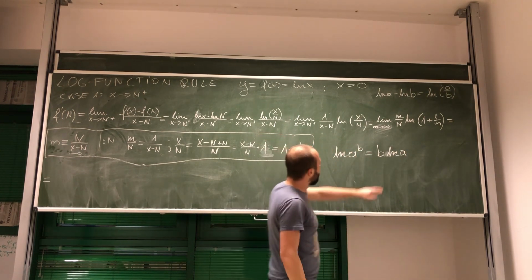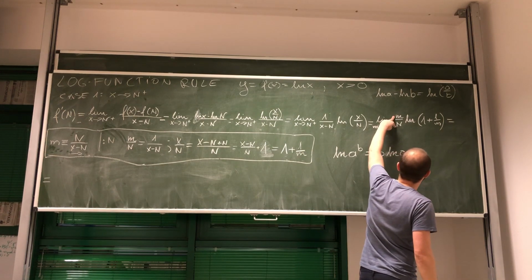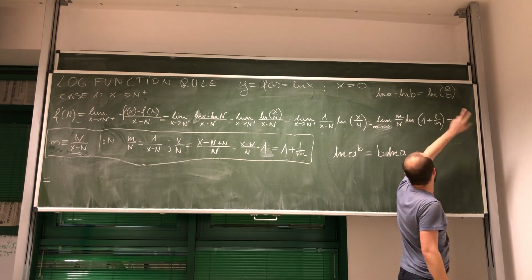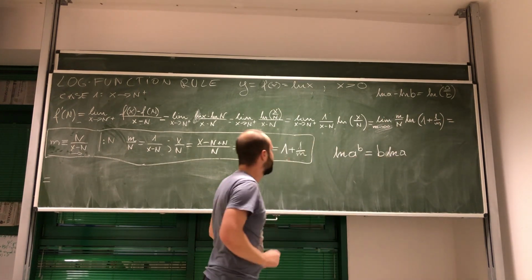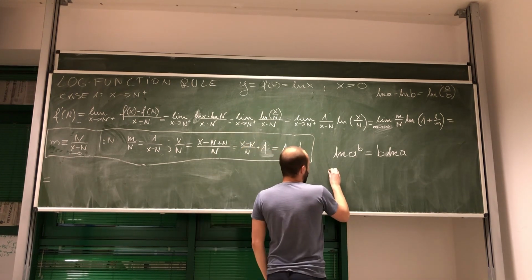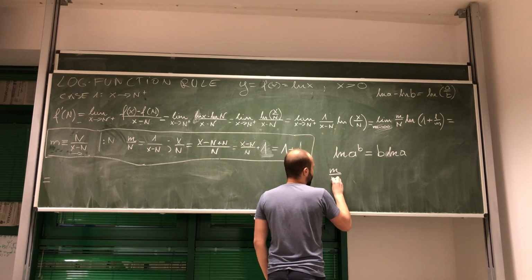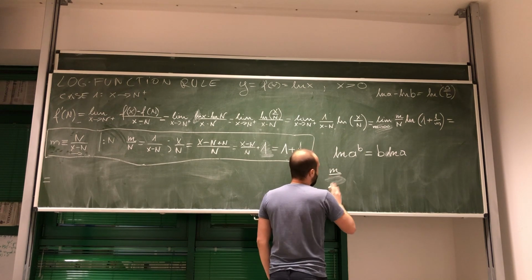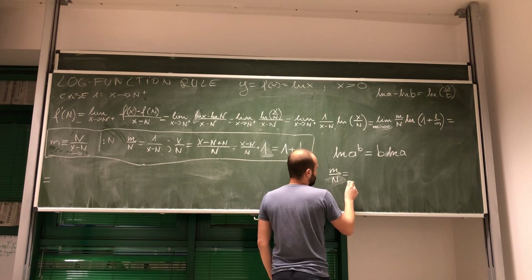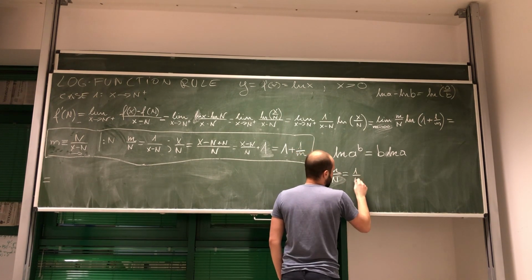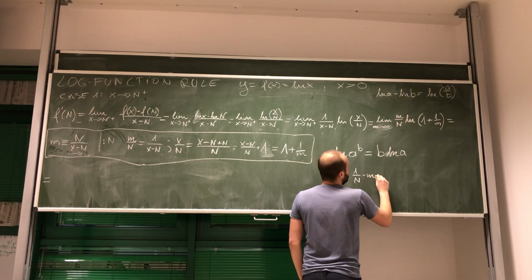So we could take this whole thing and put it over here, but this is not what we want. Because m over n can be written as 1 over n times m.